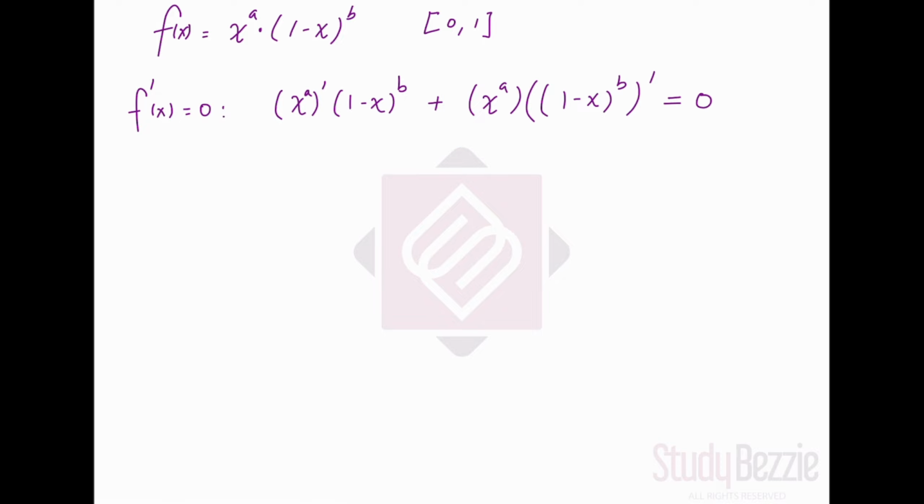And this needs to be 0. So then now actually taking the derivative would give us a x to the power of a minus 1, 1 minus x to the power of b, plus x to the power of a, b times 1 minus x to the power of b minus 1, times minus 1 because of chain rule. So far so good, right?